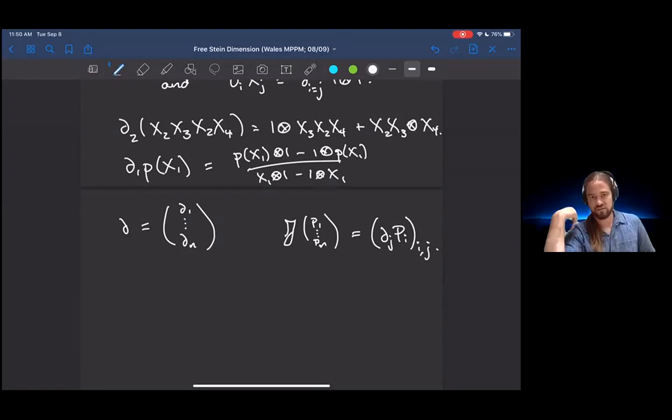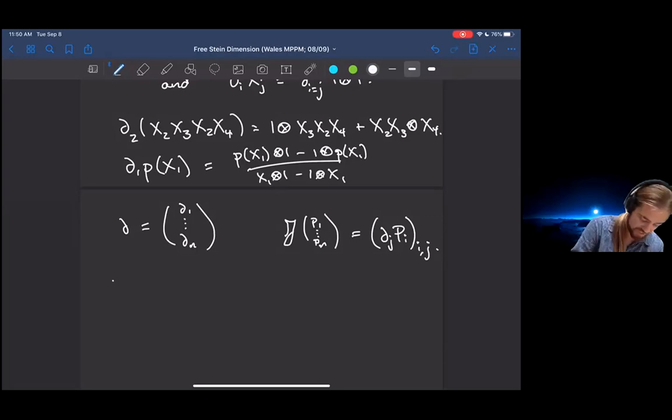And so I can take their adjoints there. And so we get adjoints to these unbounded operators.